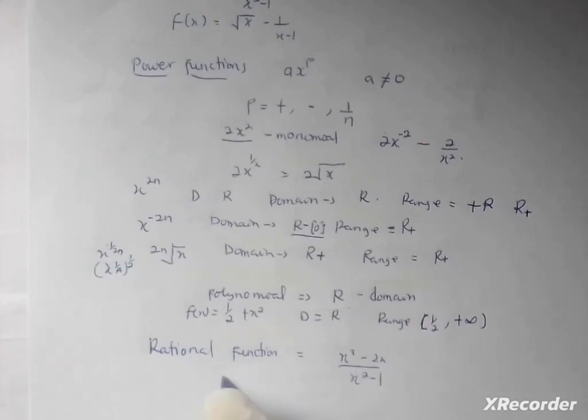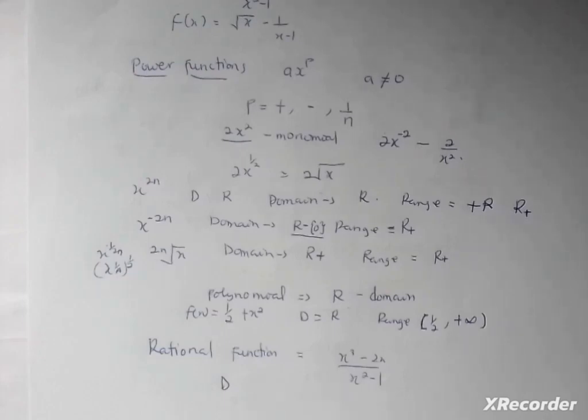Now, domain, as I explained in our first lecture, is all the possible inputs that make the function defined. So in this, what are some of the terms that can make this undefined? In a rational function, if your denominator happens to be 0, you are going to get undefined.